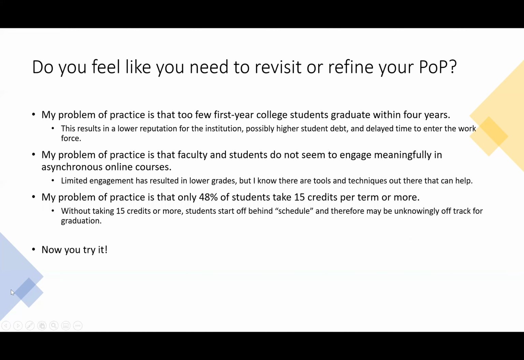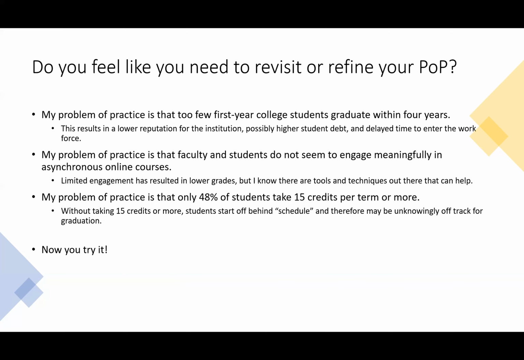So if too few students graduate college within 4 years, that can represent a barrier to them. They might have higher student debt. They have delayed time to enter the workforce and therefore begin earning money, begin building towards retirement, affording the lifestyle that they have worked to achieve, right?